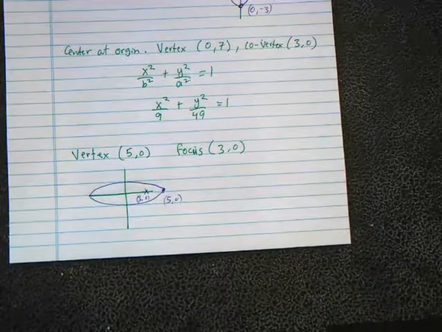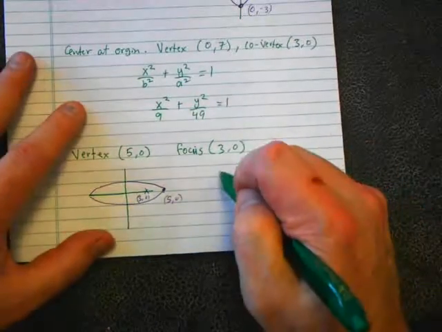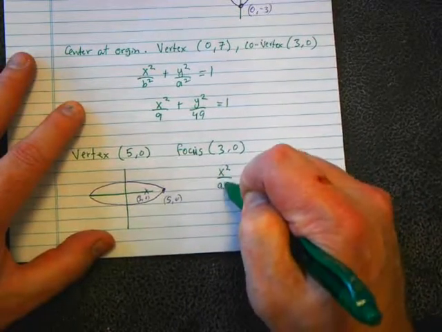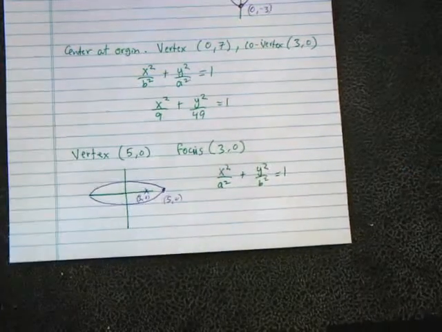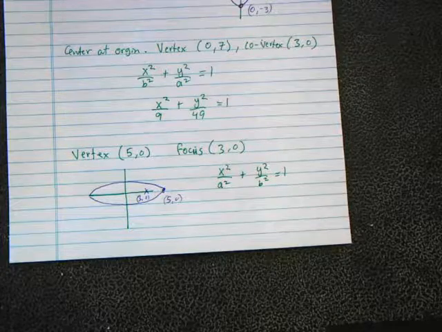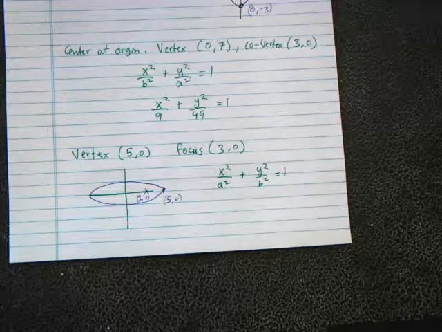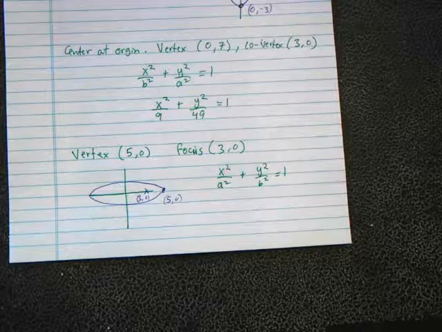Okay, so since I know the vertex is at 5, 0, I know one of the numbers that I need. This one's going to look like x squared over a squared plus y squared over b squared equals 1. Do I know the a number or the b number? I know the a number.